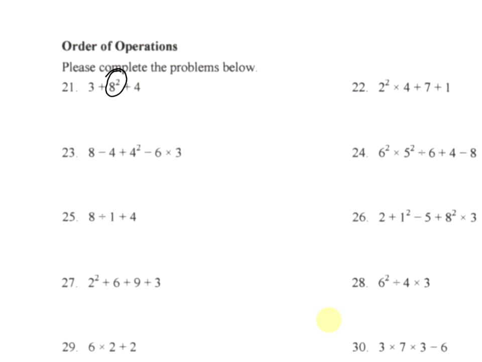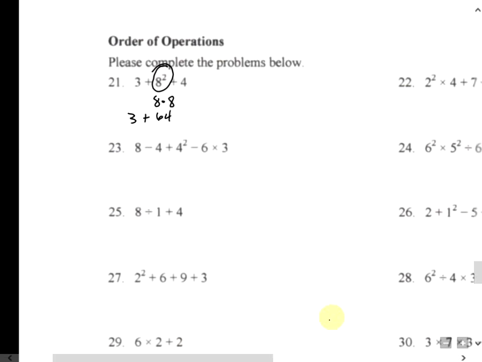It's 64, but how do you get that? Well, you do whatever the exponent tells you to do. So it's 8 times 8. Okay? 8 times 8 is the 64. So now I have 3 plus 64 plus 4.